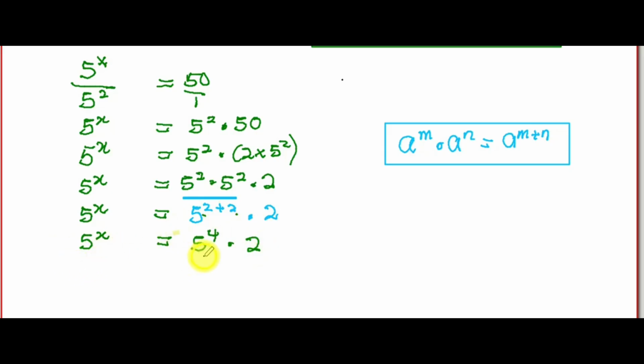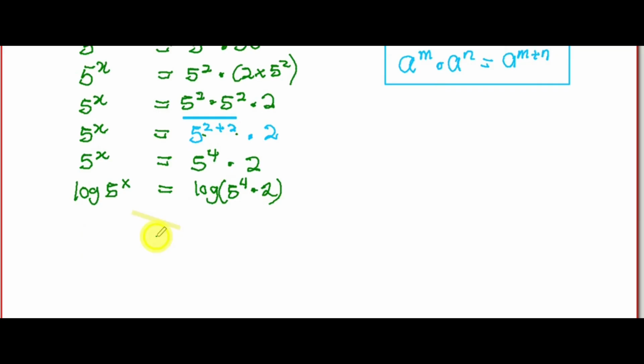So here we can apply logs because we are finding x and x is an exponent. So we have log 5 to the power x equals log 5 to the power 4 times 2, right? We apply the log to both sides. So applying this particular rule, if you have log a times b, it is going to give us log a plus log b, right?